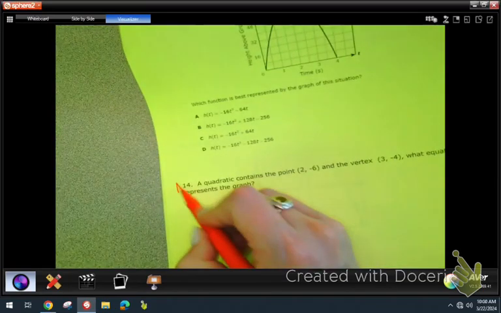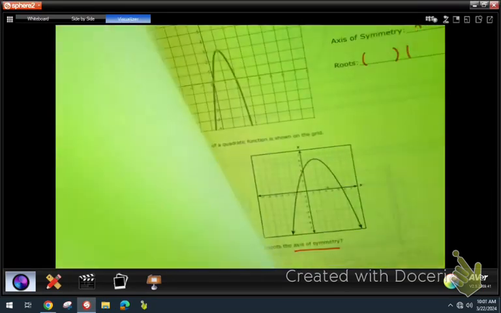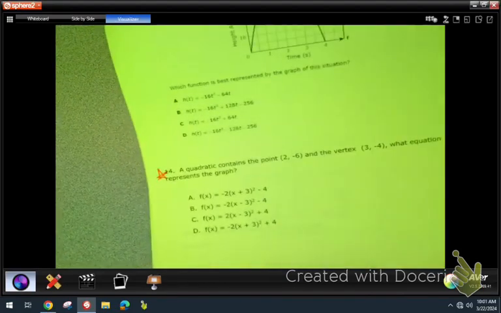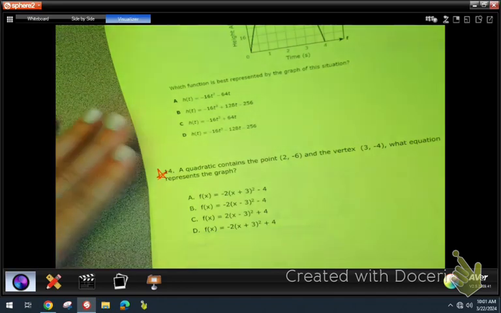Last one I want to talk about is number 14. And I think this might be the last problem. Is it? Yeah. Look at 14. Everyone, there's a question just like this on last year's STAR. Number 14. Did they give you a graph to look at? No. Okay. Did they give you multiple points? Yes. I would make a table.